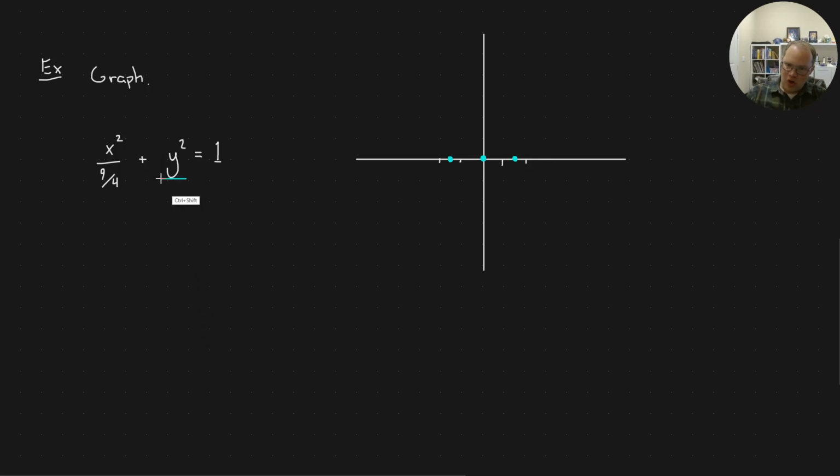Well, there's always a denominator. Sometimes it's just invisible, right? So it's an invisible 1. Square root of 1 is still 1. So in the y direction, I'm going to go up 1 and down 1. And then just connect the dots, which because I'm on a computer, I could do it in a fancy way, and I get my ellipse.